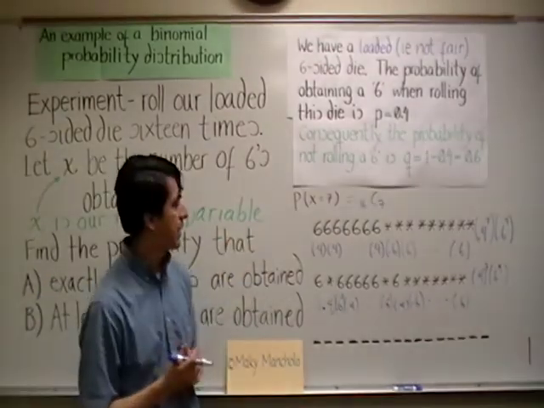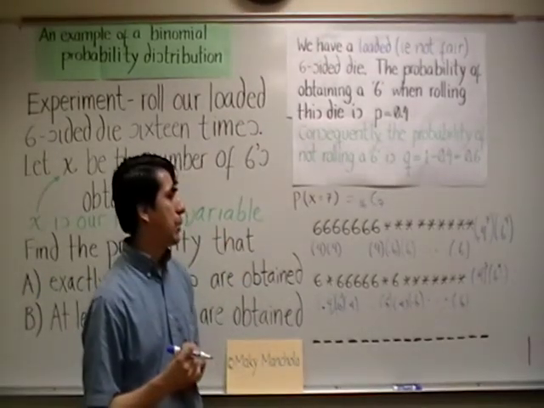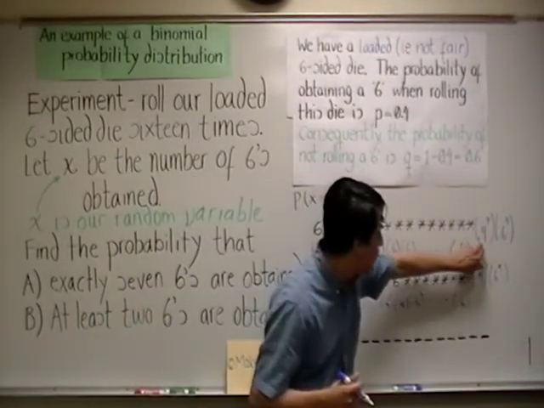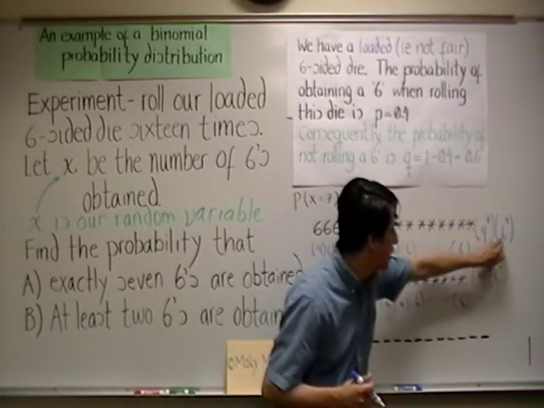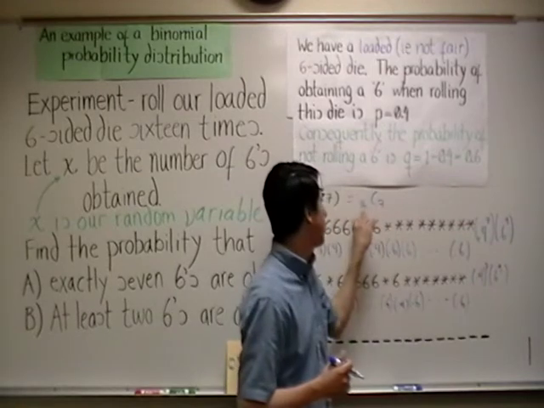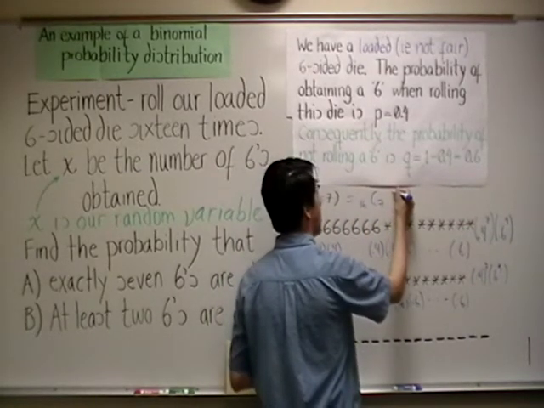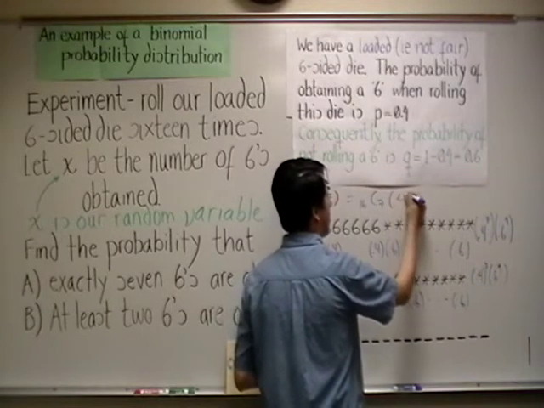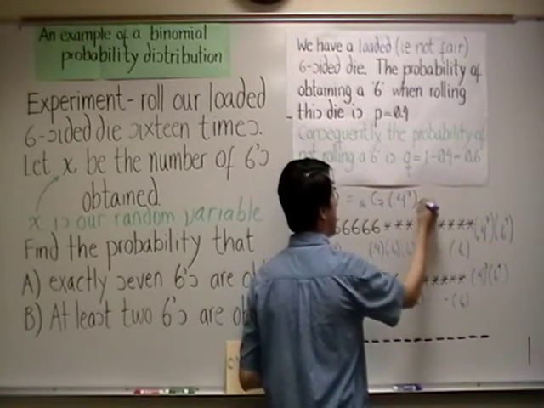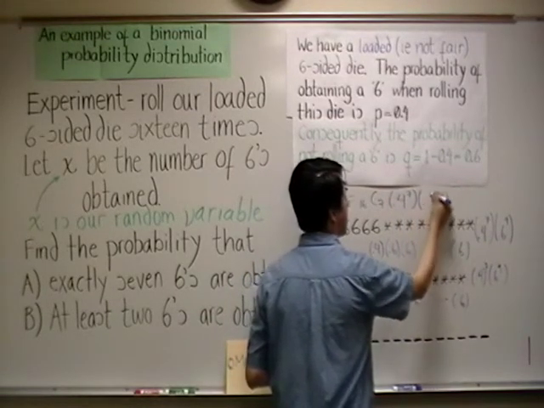You want 7 6s. So you're adding this, 0.4 to the 7th times 0.6 to the 9th, a total of 16 choose 7 times. That will be your probability of obtaining precisely 7 6s.